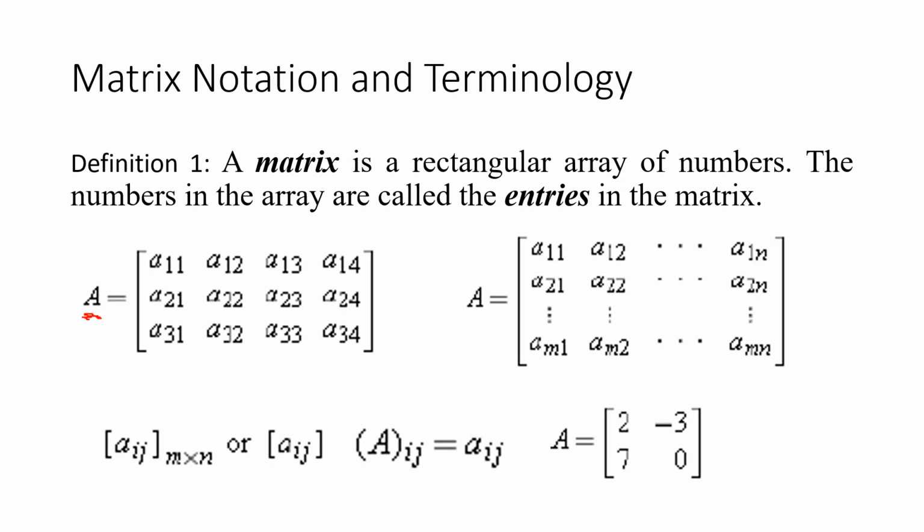Now let's go back to this illustration. The entry that occurs in row i and column j of a matrix A will be denoted by small letter a sub i j.